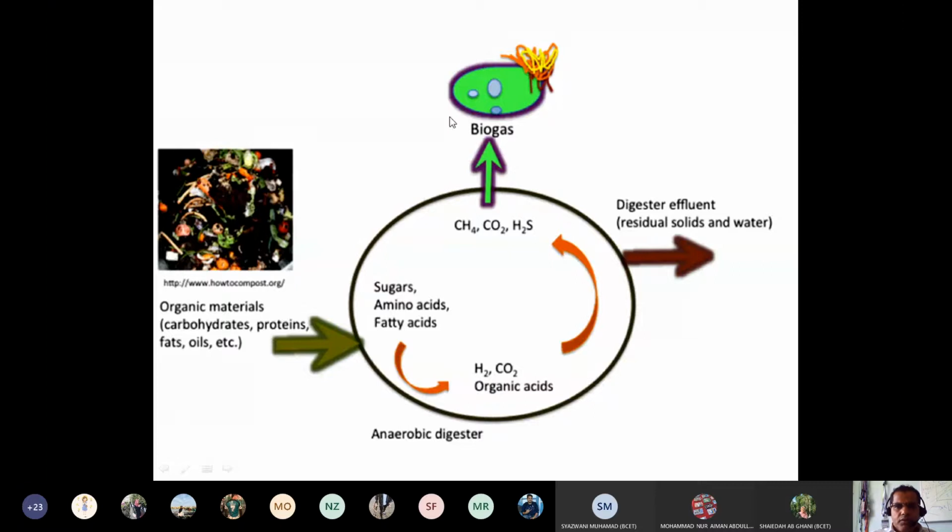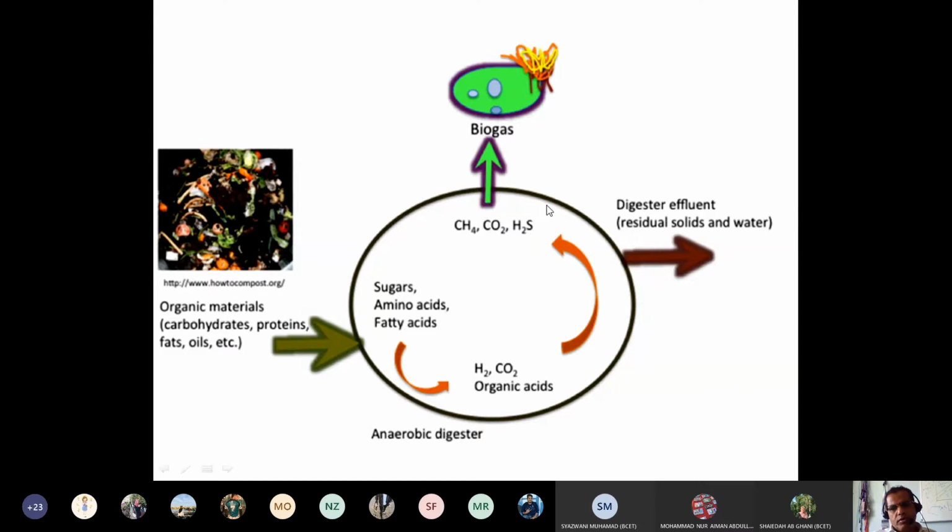Okay, this can be utilized as biogas, but it is better to remove H2S because H2S causes corrosion, so it is not recommended to have H2S in our fuel gas. So we need another process to remove H2S, and this was one project last time by Mr. Hadi from FTKK.